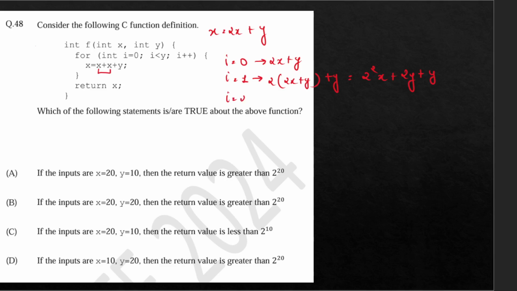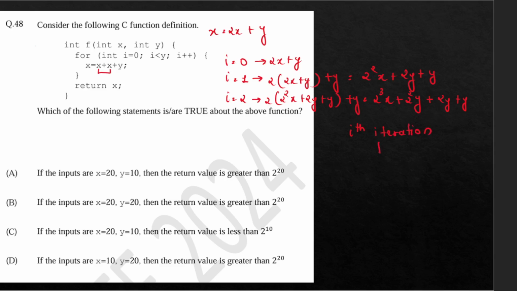And if I say I equals 2, then it is 2 square x plus 2y plus y plus y, like this, which is 2 cube x plus 2 square y plus 2y plus y. Now we have to generalize the equation for the ith iteration.